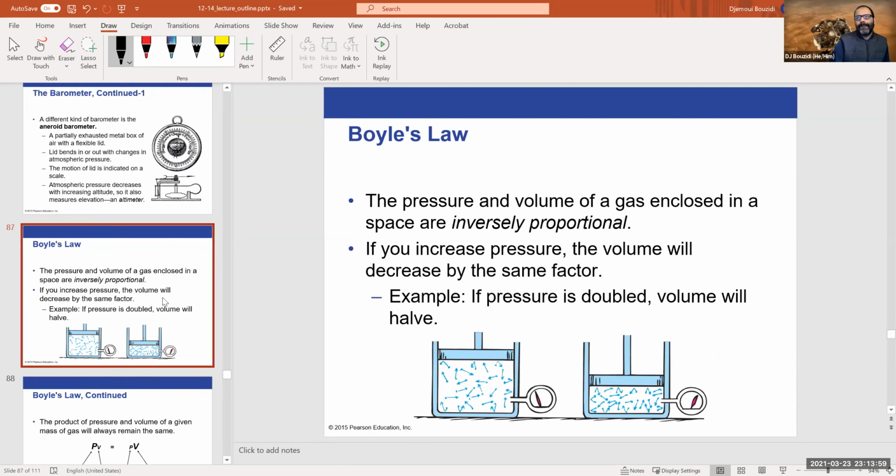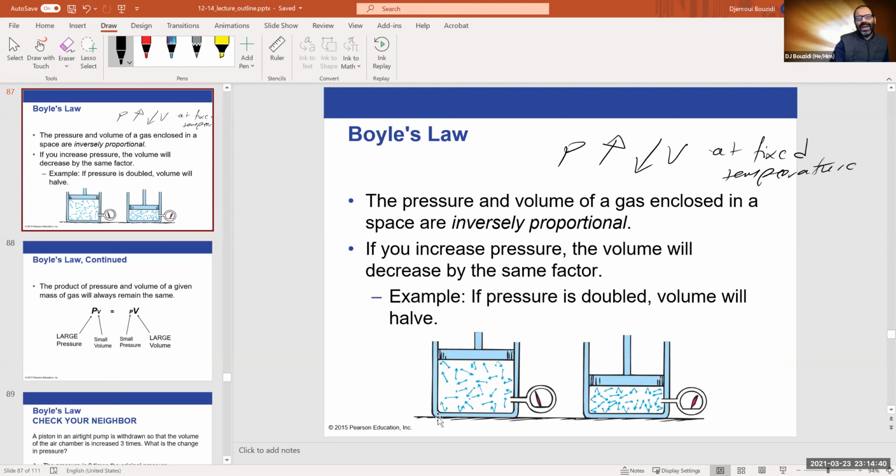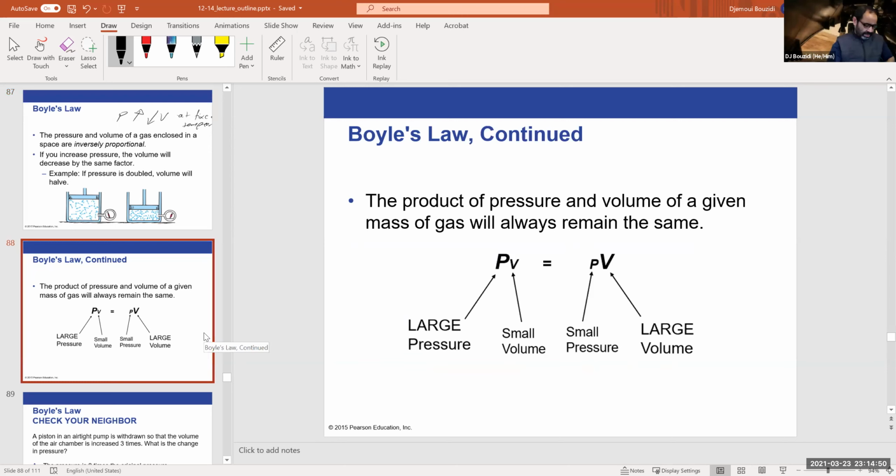So this is the relationship, by the way: P1V1 equals P2V2. With this volume, which is big, the pressure is low. When the volume went down, in this case less volume, the pressure went up. So this is basically what Boyle's law is.